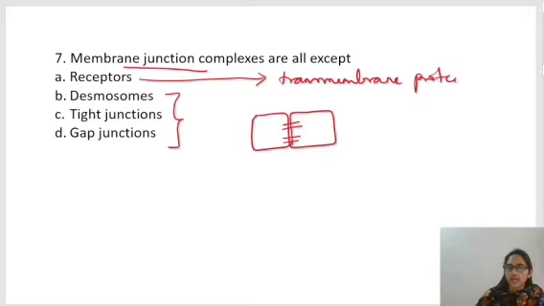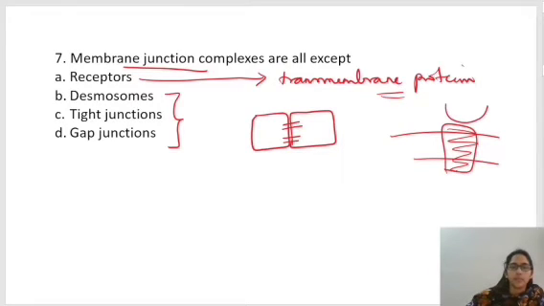To these receptors the ligands bind and the further function of these ligands will take place. So the answer for this is receptors.